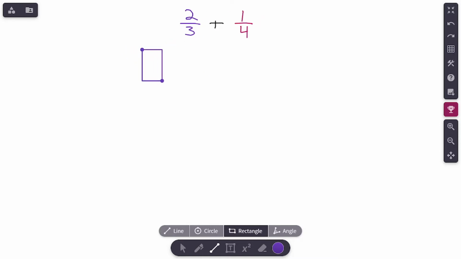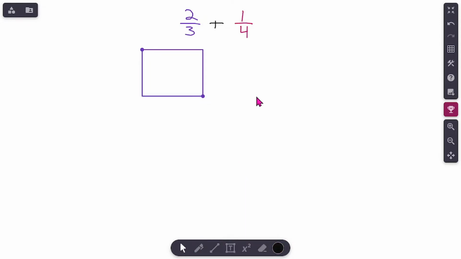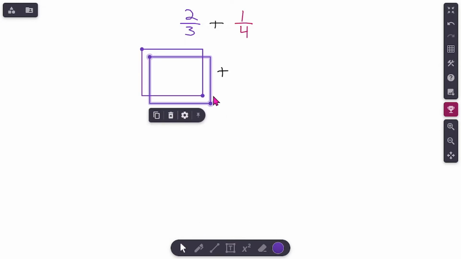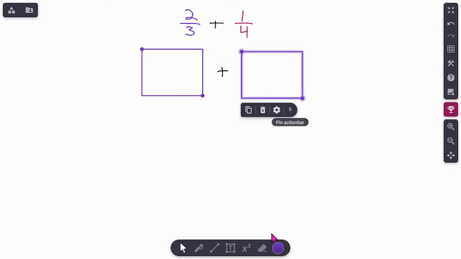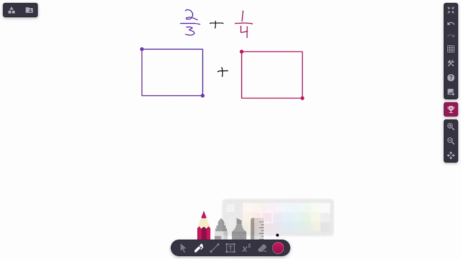So I'm going to draw 2/3, and then I'm going to draw 1/4. So I've got my two models here. They are equal sized. The first model is going to be broken into thirds.